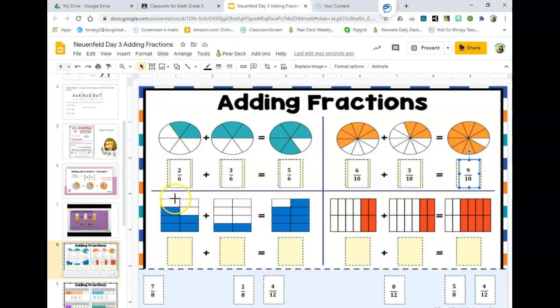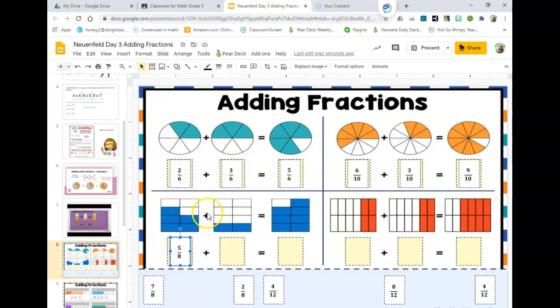We have 1, 2, 3, 4, 5, 6, 7, 8 parts on this next fraction. So that means my denominator is going to be 8. Now let's count how many parts are shaded. 1, 2, 3, 4, 5. So I'm going to take the 5/8 and put it right here because this picture represents 5/8.